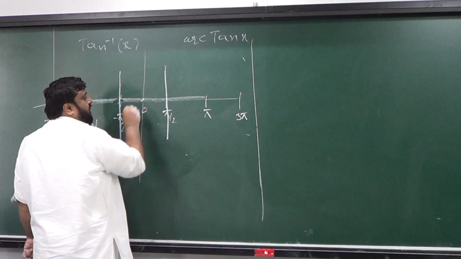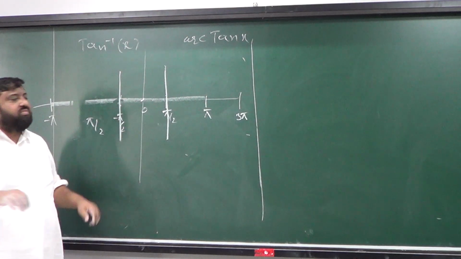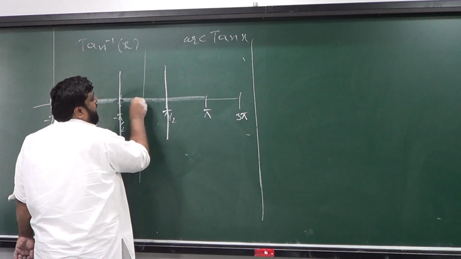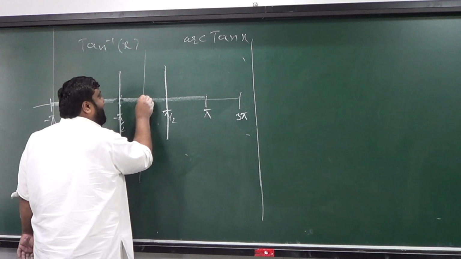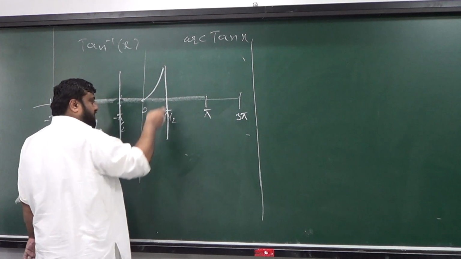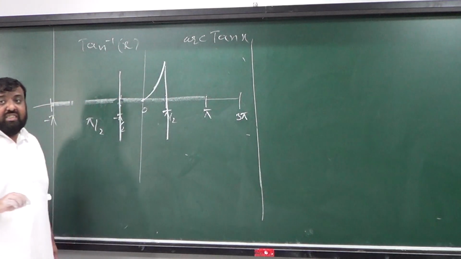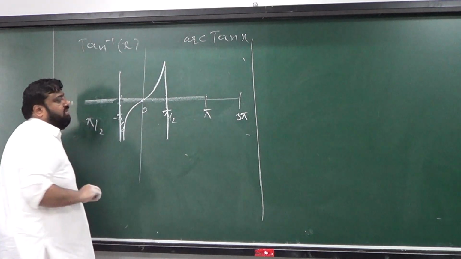Sine x at 0 is 0, so 0 by cos x is going to be 0. So this graph goes like that. It starts from 0, and pi by 2 is really an asymptote. So x equal to pi by 2 is an asymptote for tangent x.